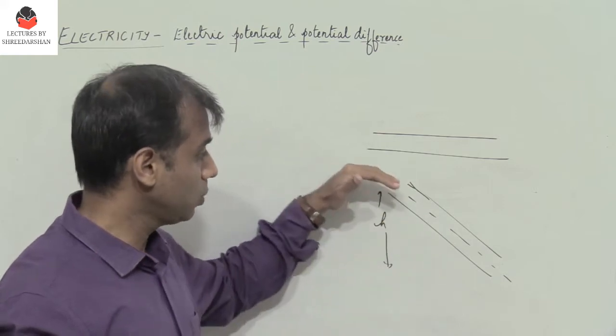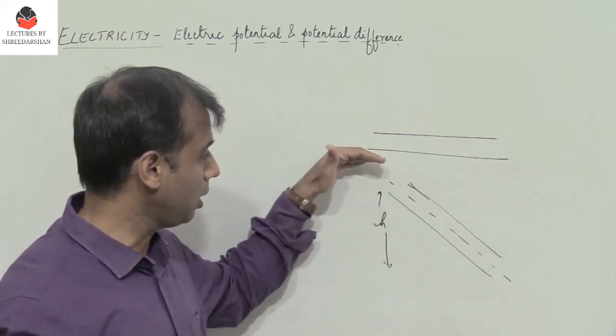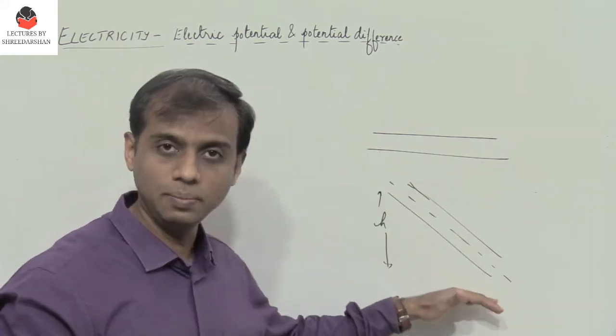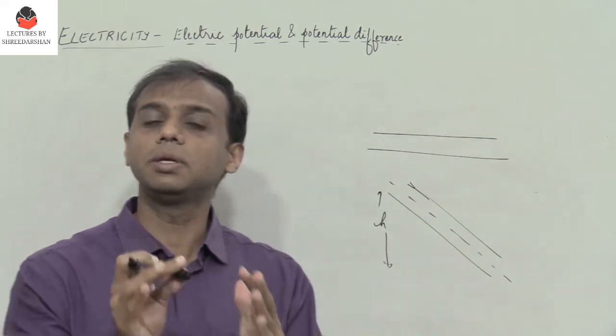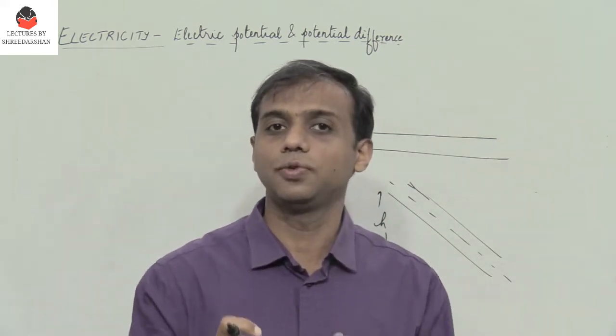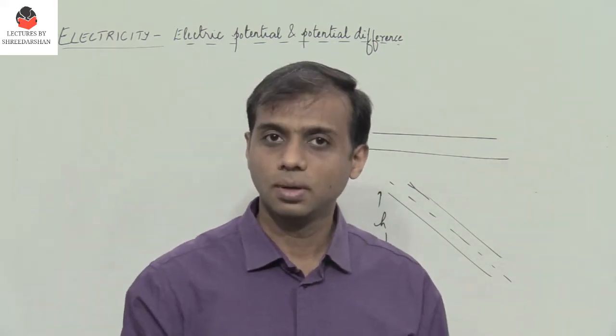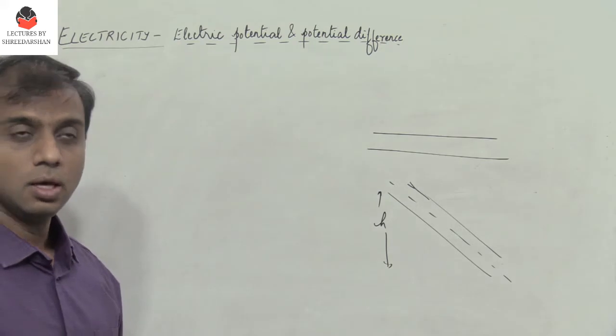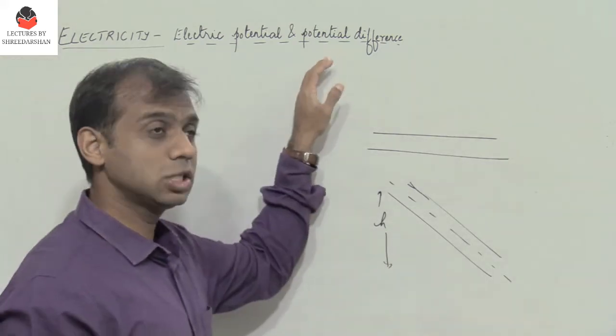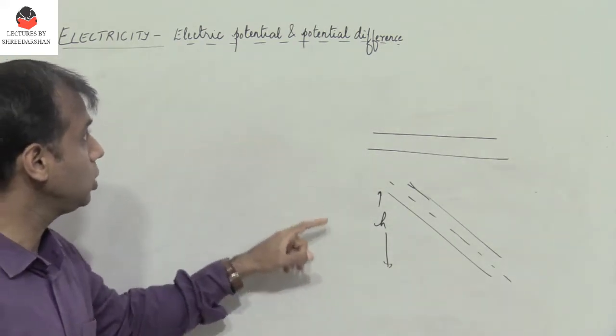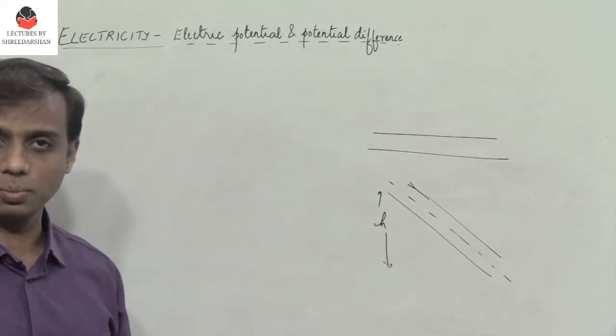Just like water flows from a higher level to a lower level, similarly there has to be some difference so that the electrons flow. That difference is referred to as the potential difference.